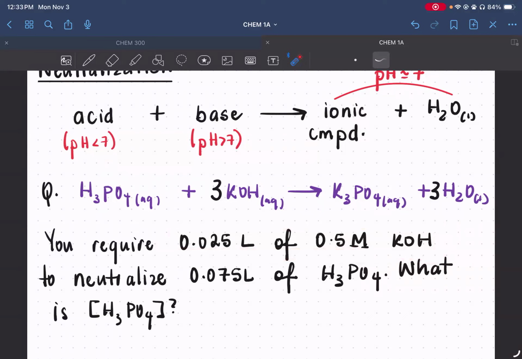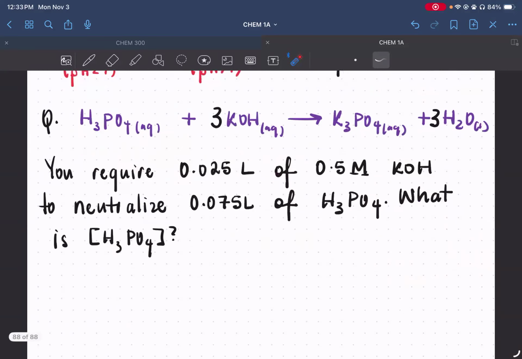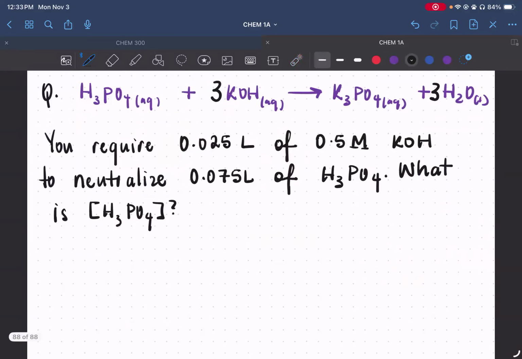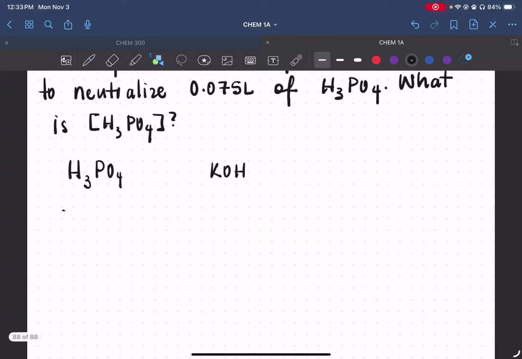All we're being asked to do is calculate the concentration. Let's see what that looks like. We'll be drawing a roadmap between H3PO4 and KOH. Give me a second to draw the roadmap in full.